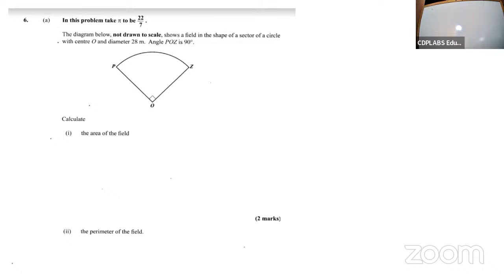That is a field. Now, when you look at that sector, what does it say to you? What conclusion can you draw when you look at that sector?